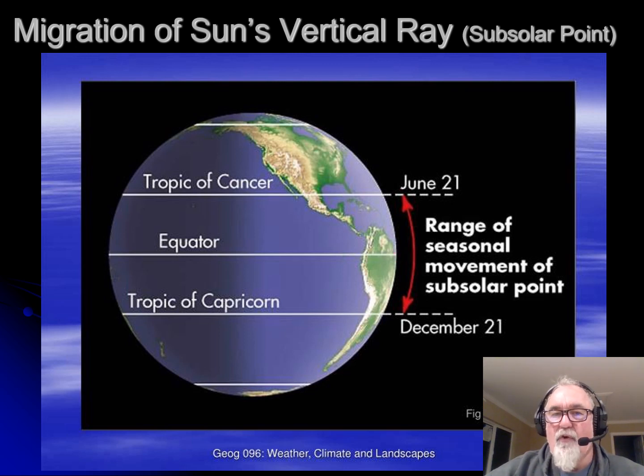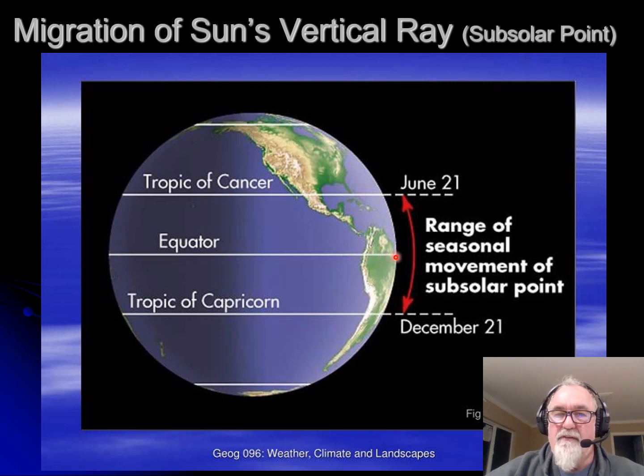And that means as the Earth spins on its axis, every place on the planet sees 12 hours pointing towards the sun and 12 hours pointing away from the sun. So we get 12 hours of light, 12 hours of darkness, equal amounts of day and night. The Latin word for equal is equi, and the Latin word for night is nox. So these are equinox dates: March 21st, plus or minus a couple of days, and September 21st, plus or minus a couple of days.